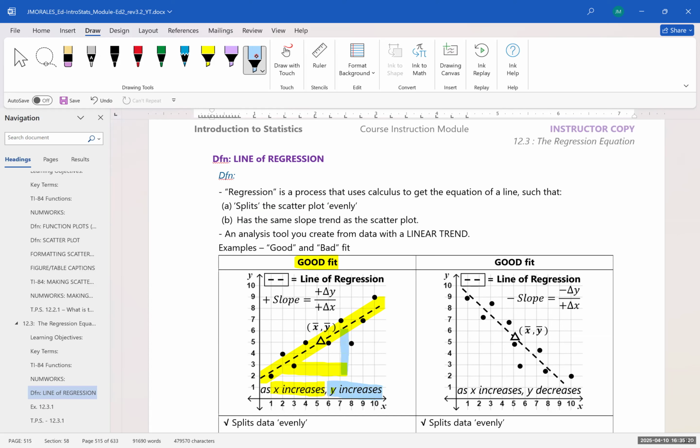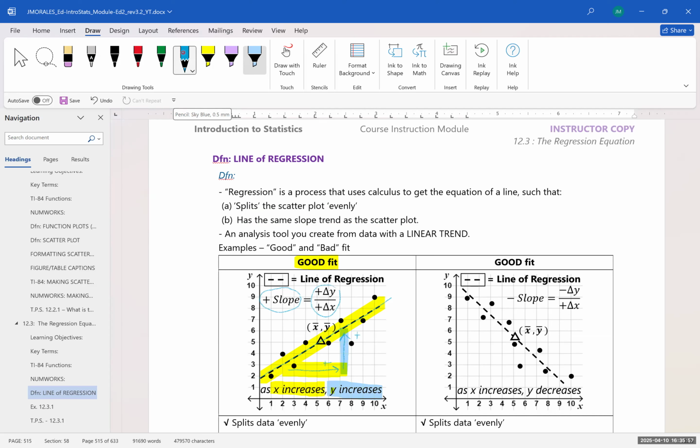So this type of slope, where you have a change in x values which is positive, going in a positive direction, and a change in y values that is also positive, is going to produce a positive slope. So the slope of this line going up and to the right is a positive slope.